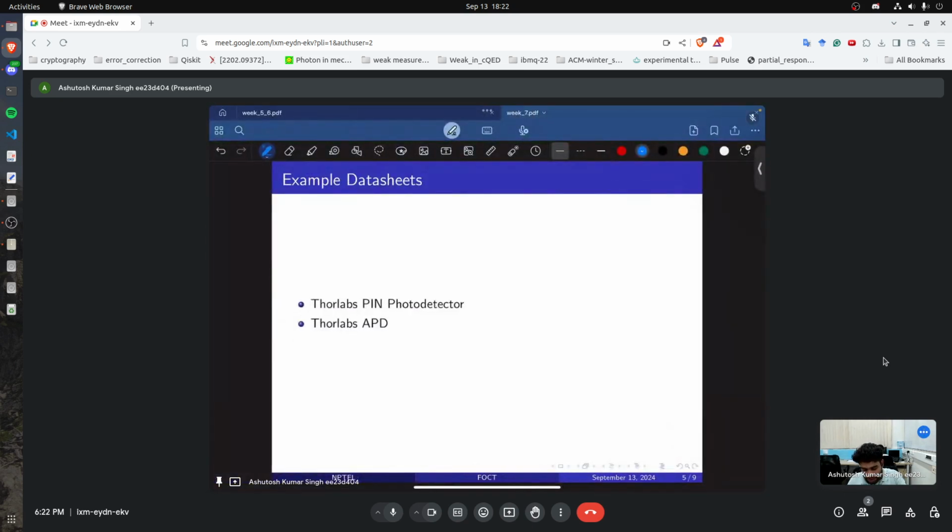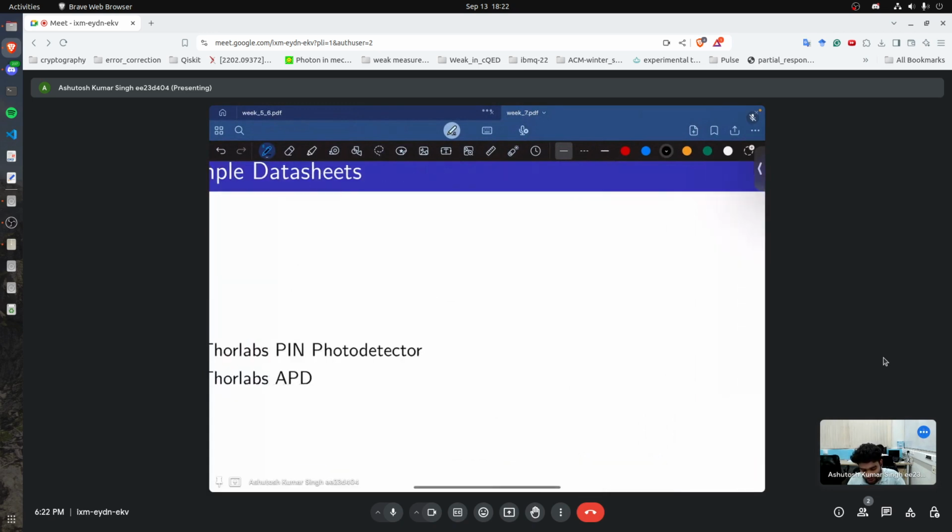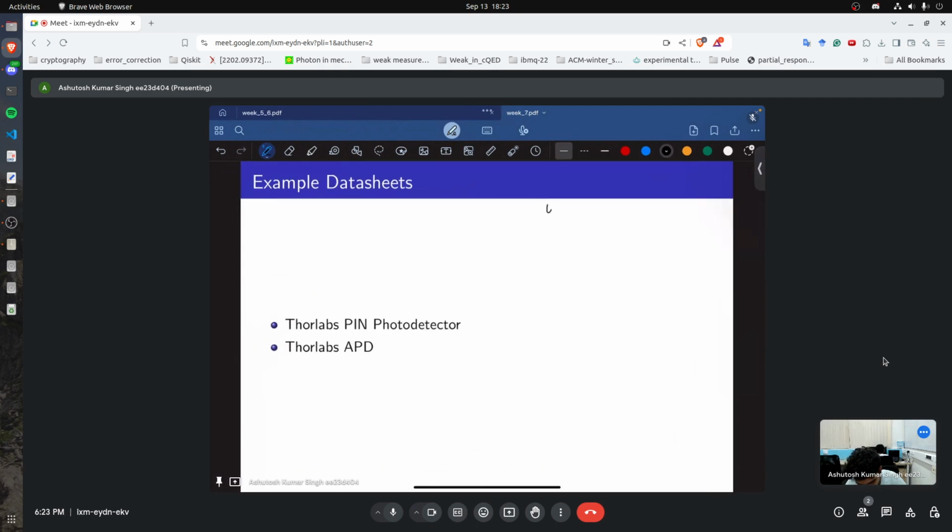So the parameters that are important in a data sheet are, before you decide on a photodiode, you should know what wavelength you want to operate at. You want to know the wavelength, and you want to know the responsivity. The wavelength will decide whether you use a silicon photodiode or an InGaAs photodiode.